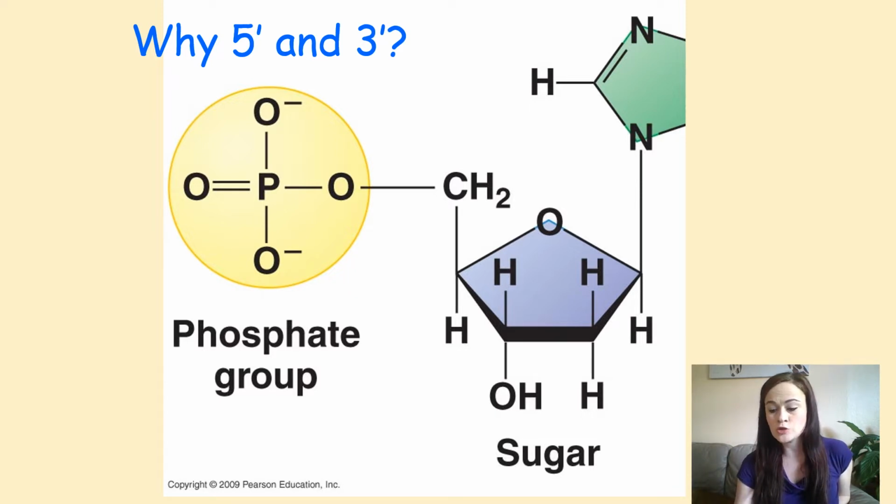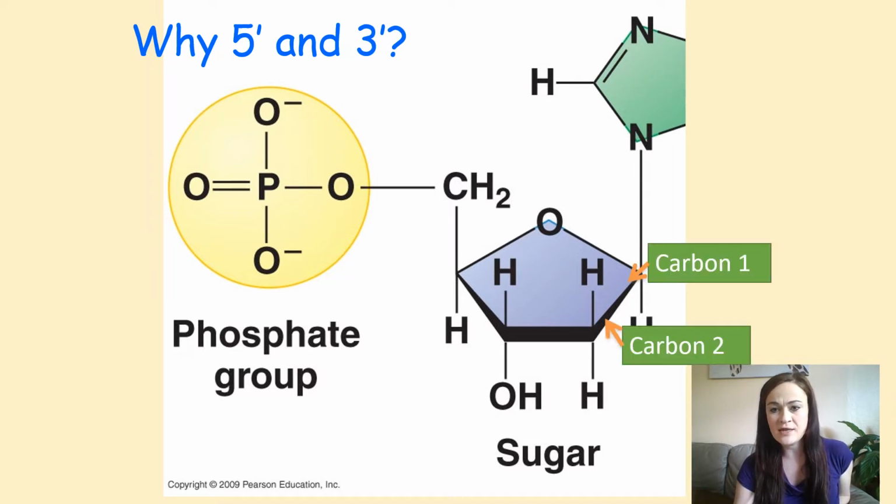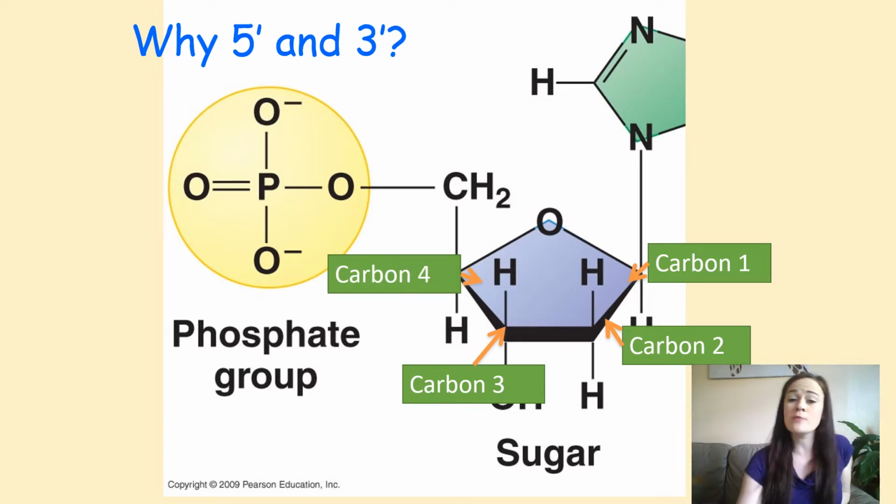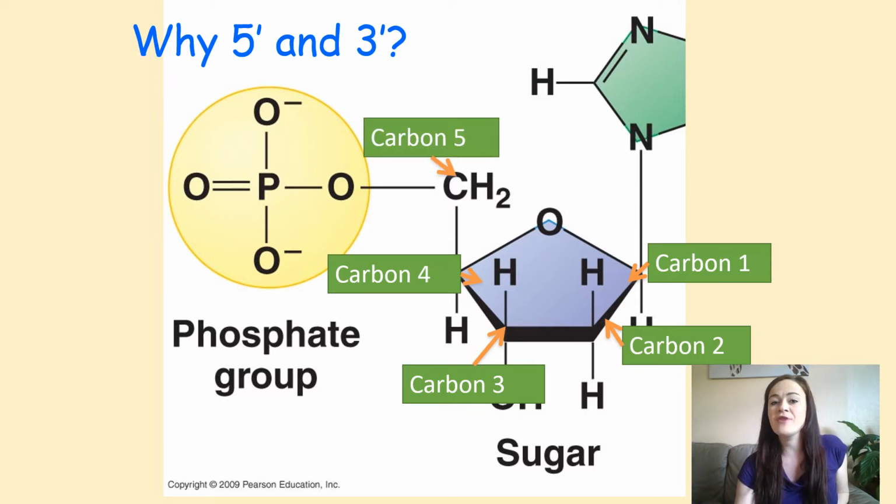To the right, we've got our first carbon, second carbon, third carbon, so our 3' end of the nucleotide, and it's this carbon that the phosphate of the nucleotide below joins onto. Then we get up to our fourth carbon and then our fifth carbon, and the fifth carbon is where the nucleotide's own phosphate is joined onto.